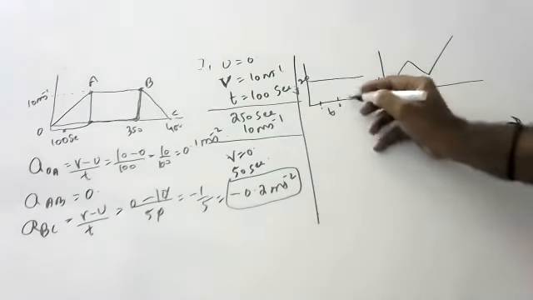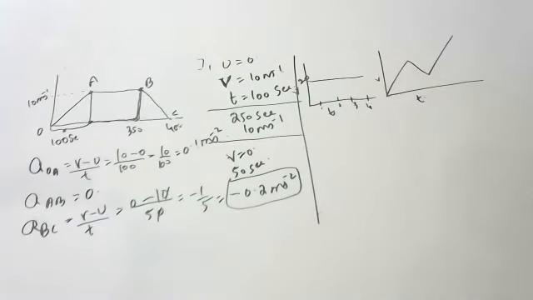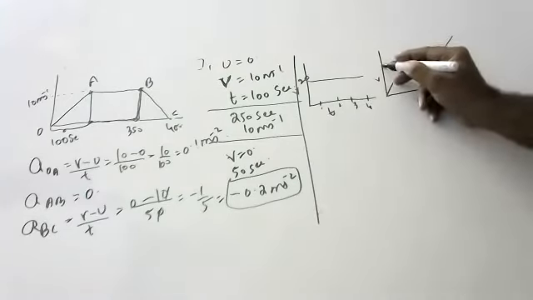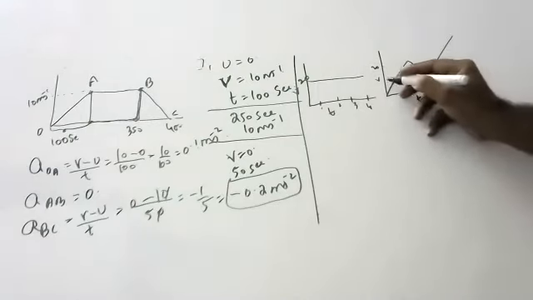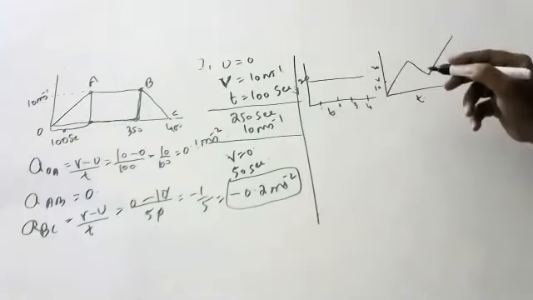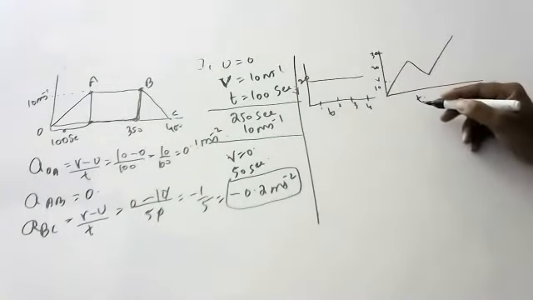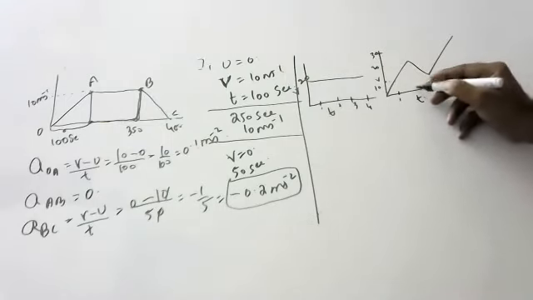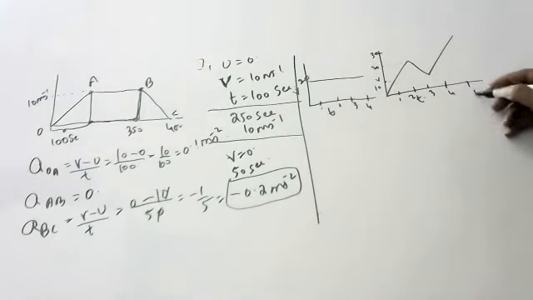In the other graph, this is 20, this is 10, and up is 30, with time going 1, 2, 3, 4, 5.